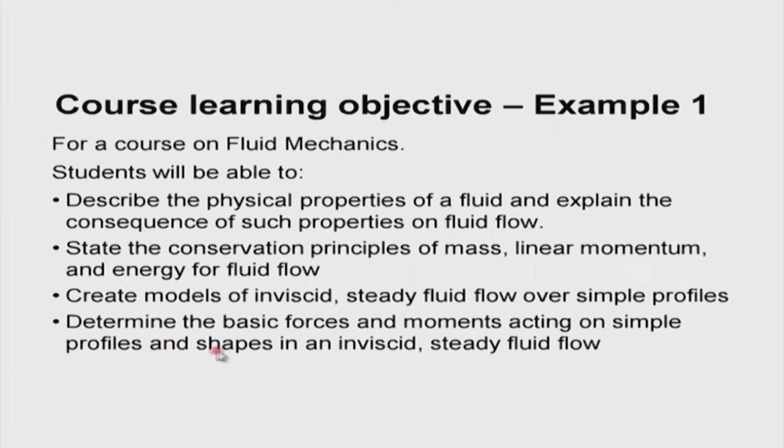If you look at these, they are actually at various cognitive levels. The one which says state the conservation principles is at the recall level. As we are looking at the objectives, let's also try to pinpoint which cognitive level they are at. This is not written in order in terms of hierarchy, but it's perhaps written in the order in which they appear in the course.